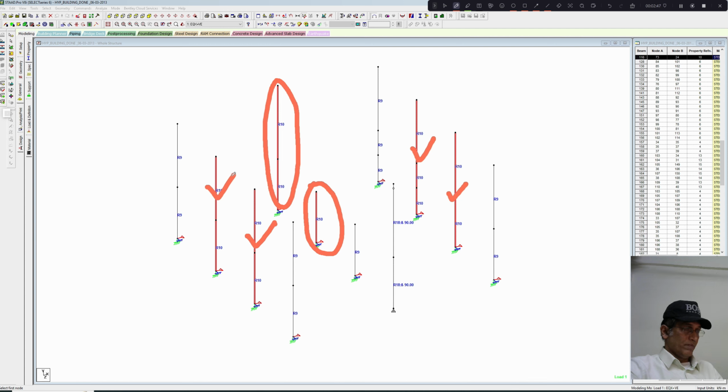They are actually making a moment resisting frame which is resisting gravity load as well as lateral load along x direction.